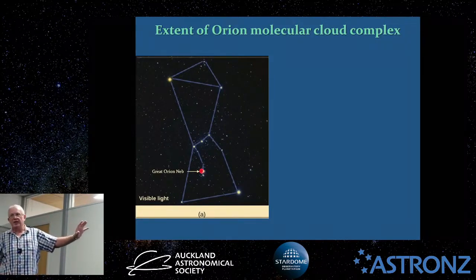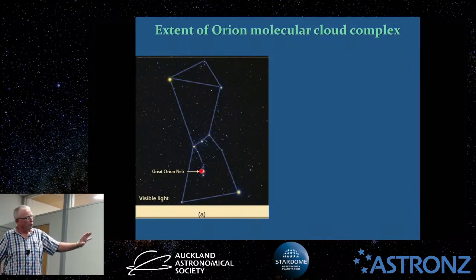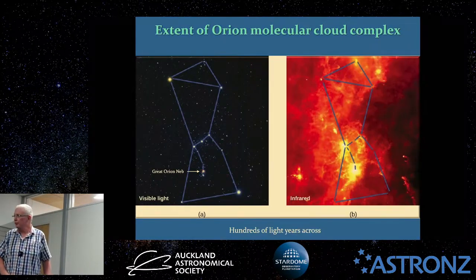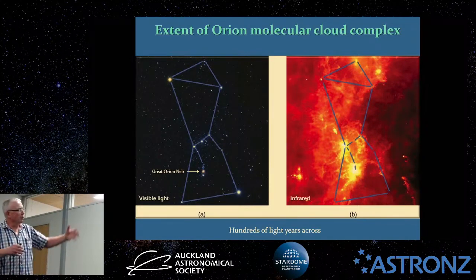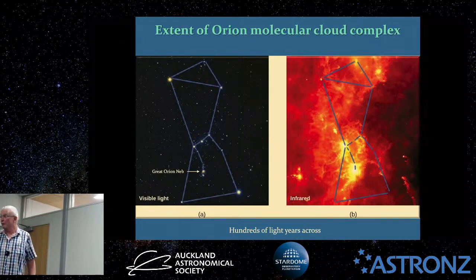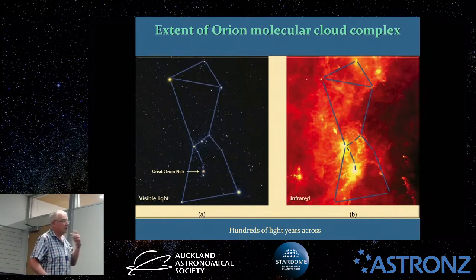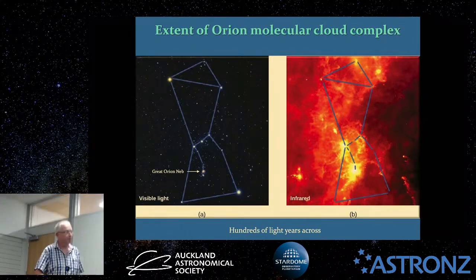Now that image there is taken in visual wavelengths. Now let's have a look at that same region of sky in infrared. Woohoo! Dust emits infrared light, and suddenly you look at that same patch of sky, and that gives you a much better idea of the size of the Orion giant molecular cloud, which is typical of a lot of giant molecular clouds out there. So these clouds are large.